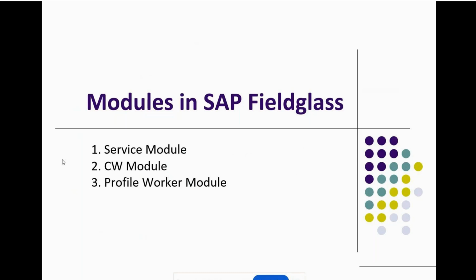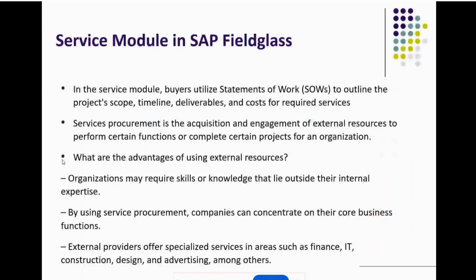I'm expecting a few things from you, I'll tell you what they are. A service module is nothing but where we create an SOW. So there are two different processes for CW and SOW. First we'll see the service module or SOWs at a very high level, then we'll go with CW. In the service module, the buyer utilizes something called an SOW, a statement of work.